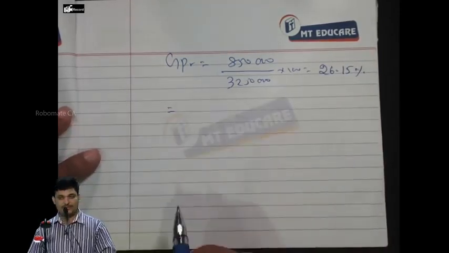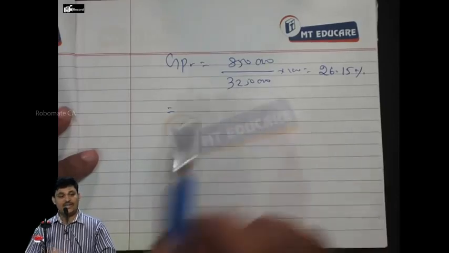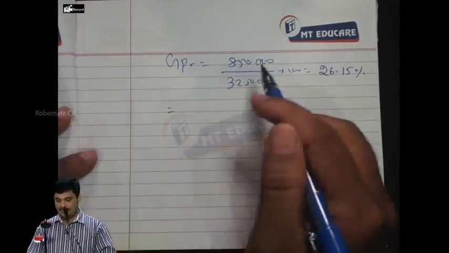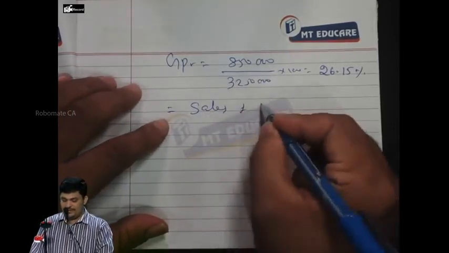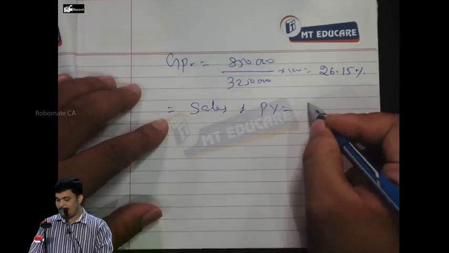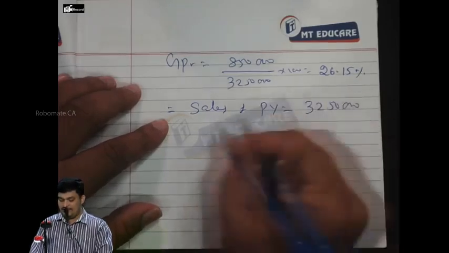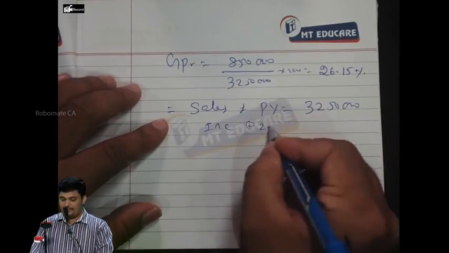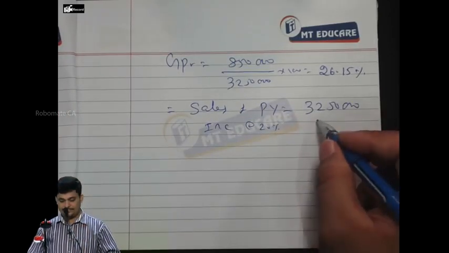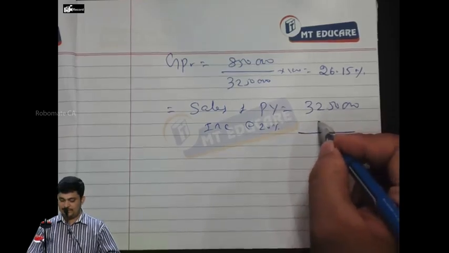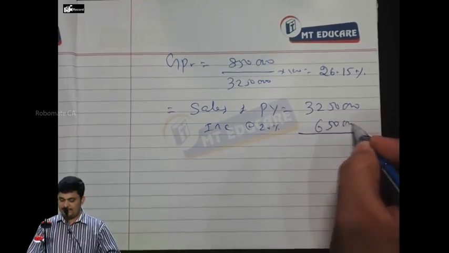Sales will increase by how much percentage? 20%. So sales of previous year, how much is that? 32,50,000 increase at 20%. How much? 6,50,000.